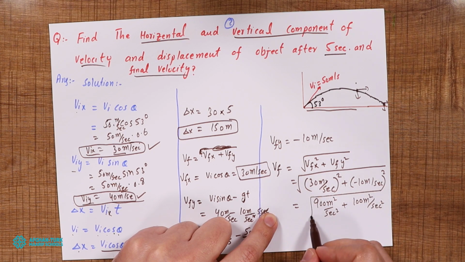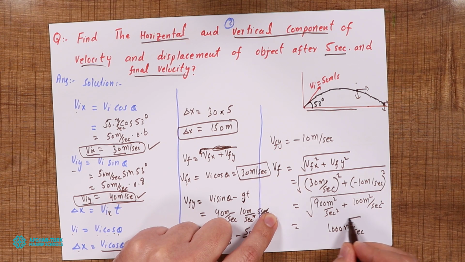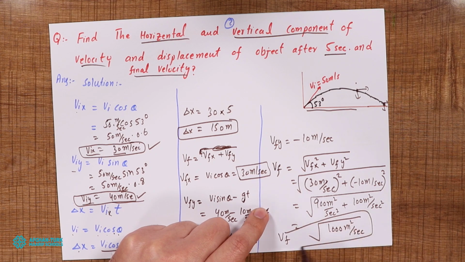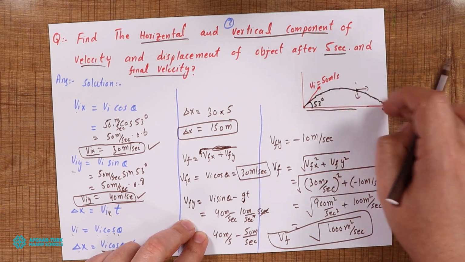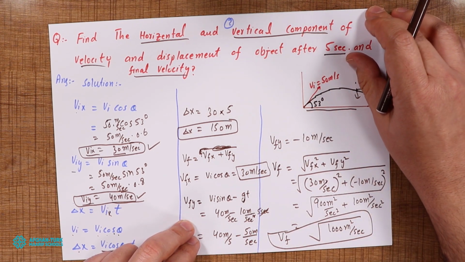So if we add these two values, it will become 1000 meter square per second square. So taking the square root of this value will show the final velocity of the object at any point. You can use this formula. So this is question number two.